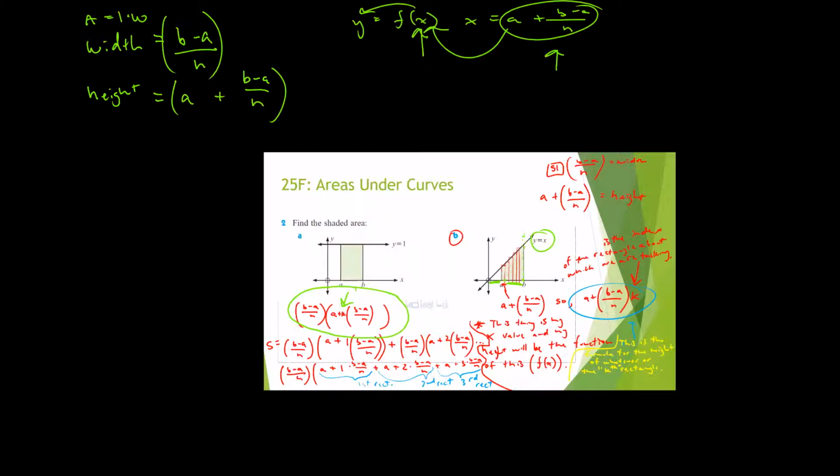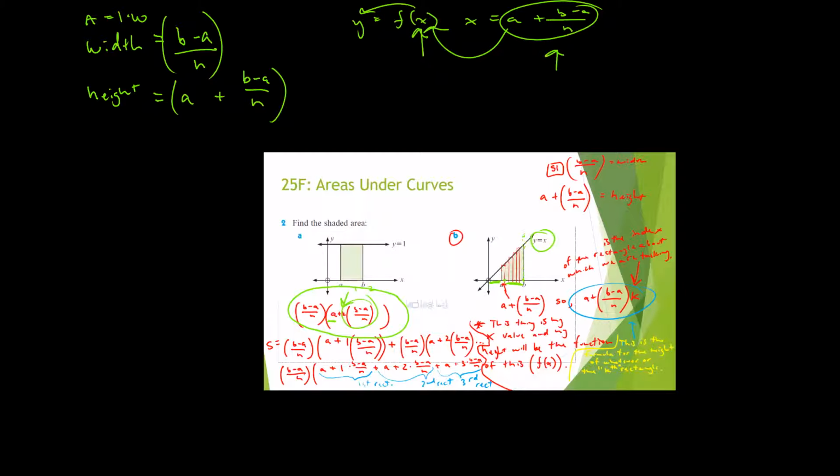If it is the second rectangle, then this will be 2, because my x value will be 2 times the width, which is this thing, plus whatever a was. Then I take that and plug it in the function, and that gives me my y value, or my height. Okay, so hopefully you can see what we did there.